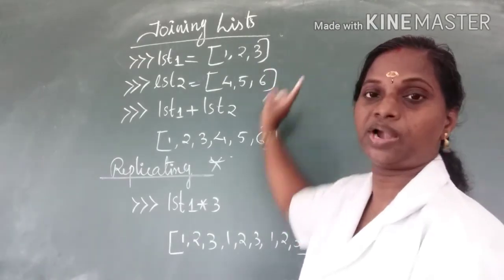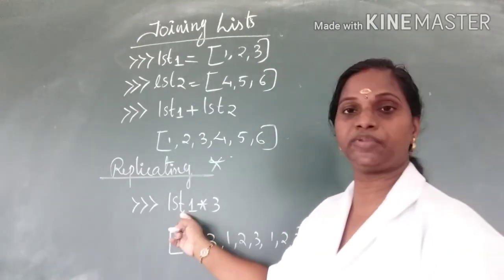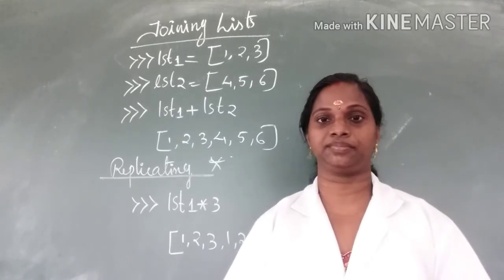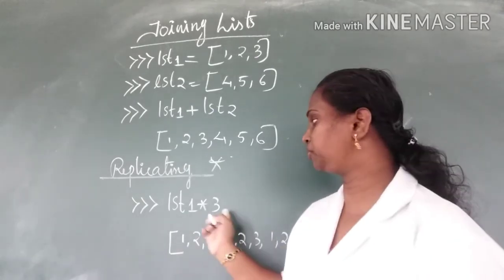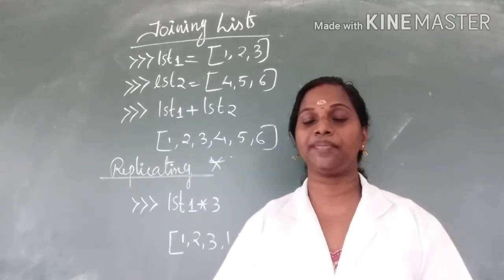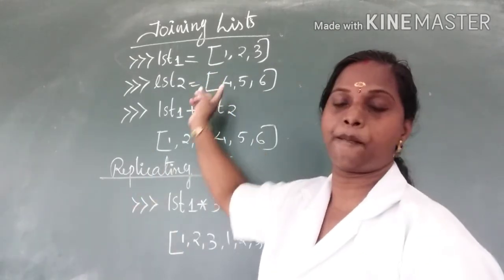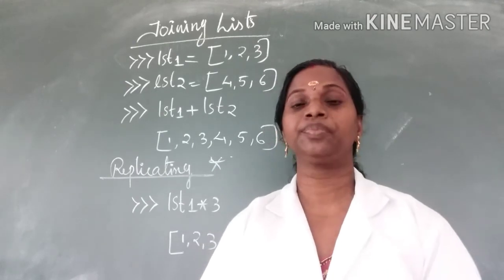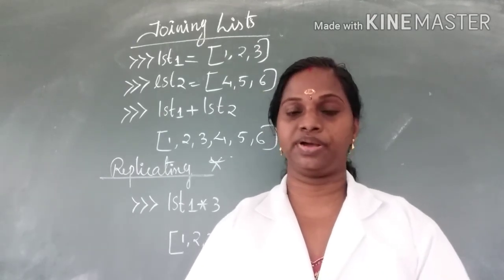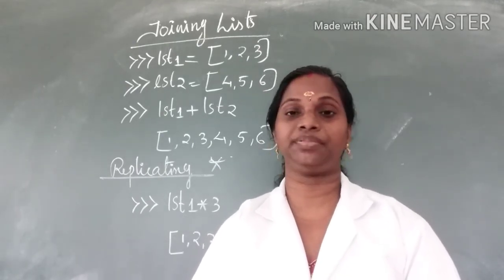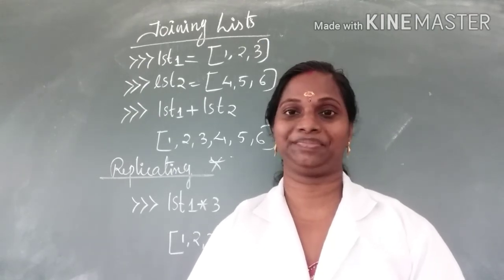Like strings, you can use the star operator only with a list and a number. And the concatenating operator, the plus symbol, you can use with either two numbers or two lists of the same type.